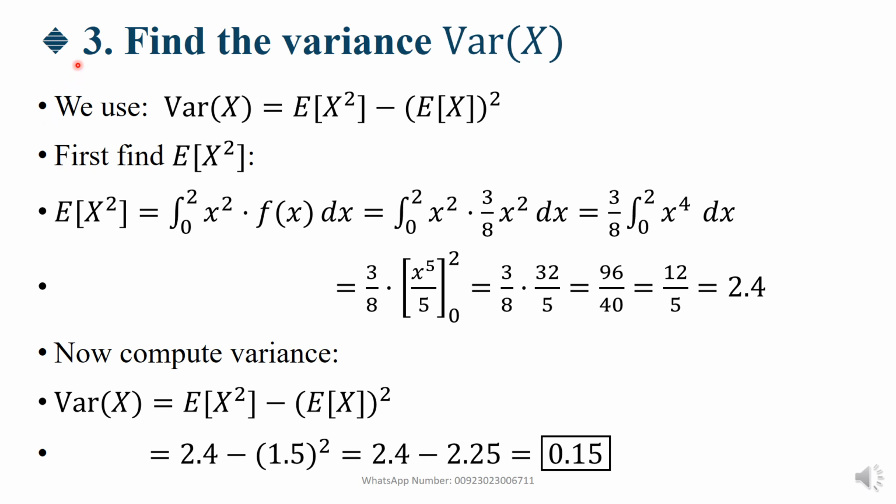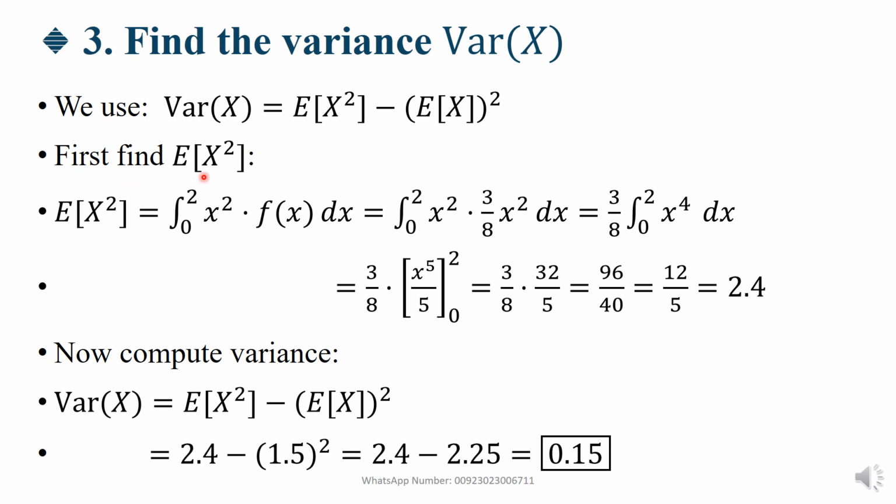Now we find the variance of x. We use variance of x equal to E of x square minus E of x whole square.